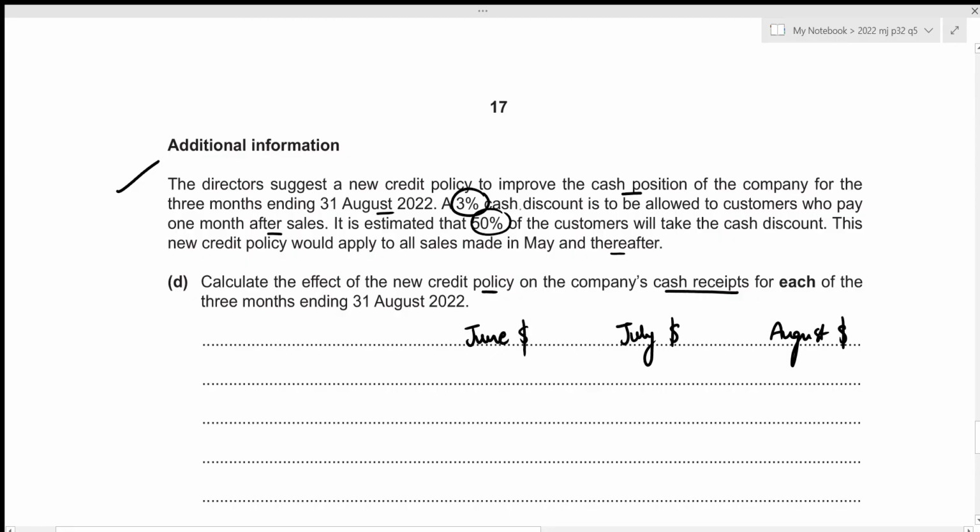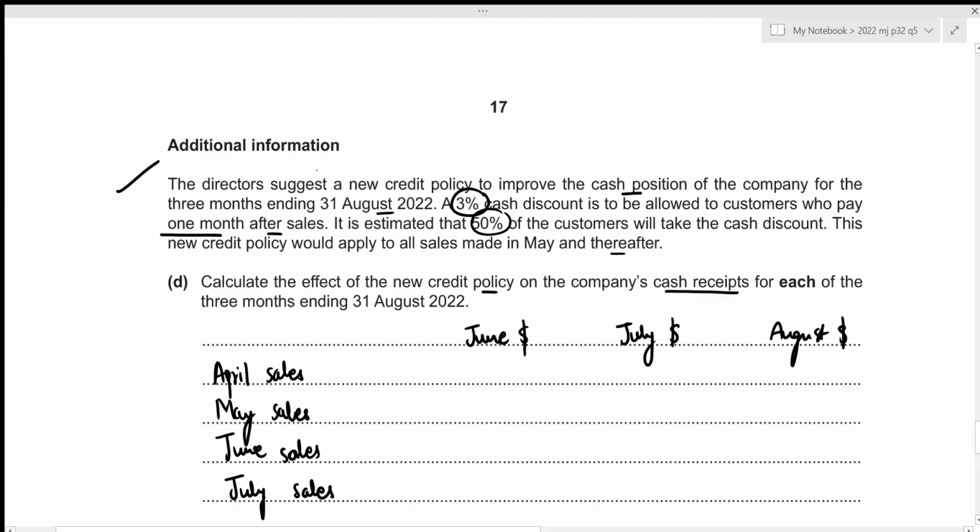And now we're being told that 50% of the customers will make payment after 1 month of sales, which just means that for the month of June, we'll be getting the amount from our April sales because that is after 2 months, as well as the May sales. And for July, we'll be getting the amount for May sales and June sales. And for August, we'll be getting the amount for June sales and July sales.